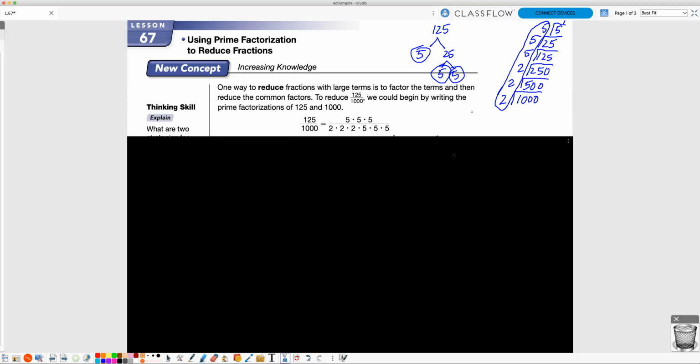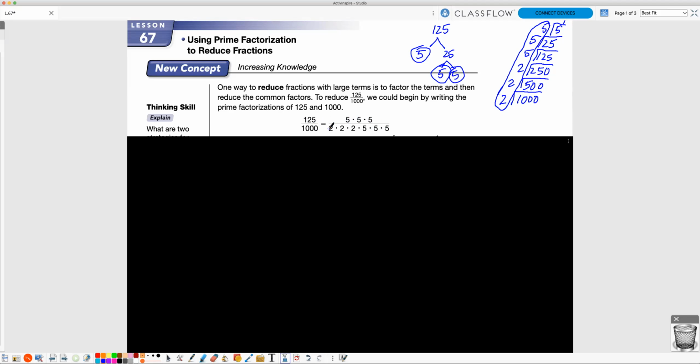Using those factors, now you can list them in the numerator and the denominator. The factors of 125, 5 times 5 times 5, go in the numerator, and the factors representing 1,000 go in the denominator.